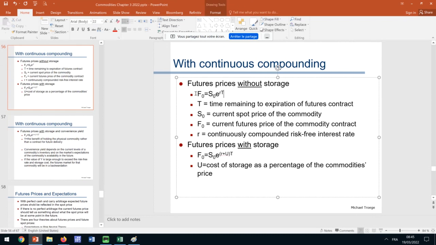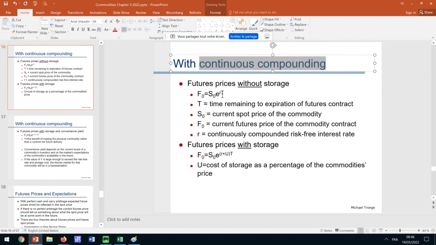Before we said the futures price is the spot price multiplied by 1 plus the cost of carry in percent. Now you can also express this, and this is when you do advanced mathematics on futures prices, with continuous compounding. I presume that you have learned about continuous compounding.